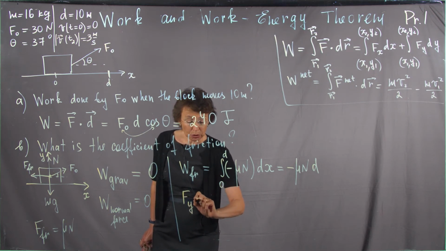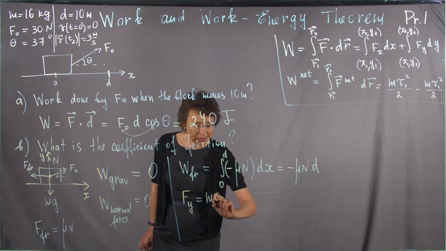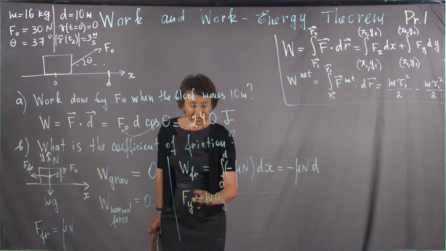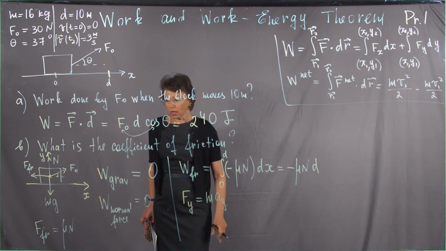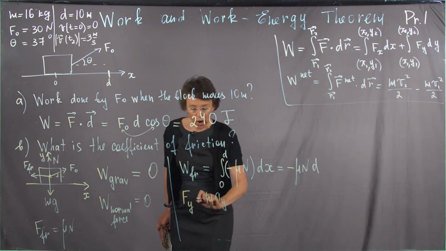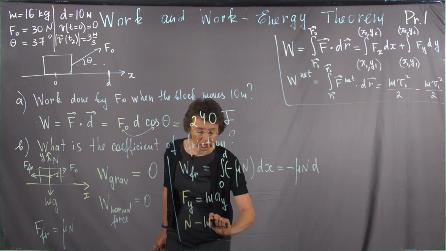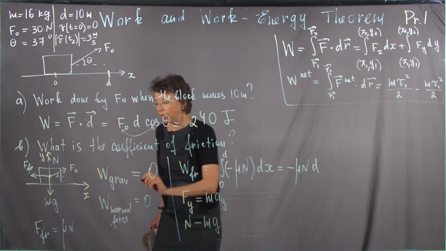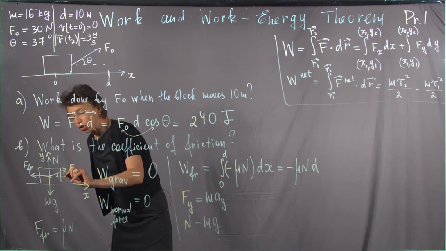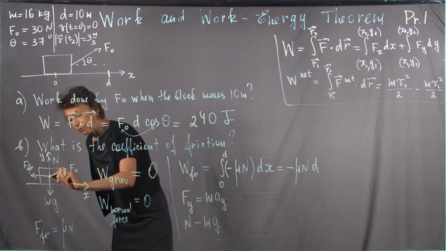I will use second law to do that in projection in y. F sub y equals m a sub y. What do I have in y? I have normal force up, gravity down, it comes with minus. Then I have vertical projection of force F naught.